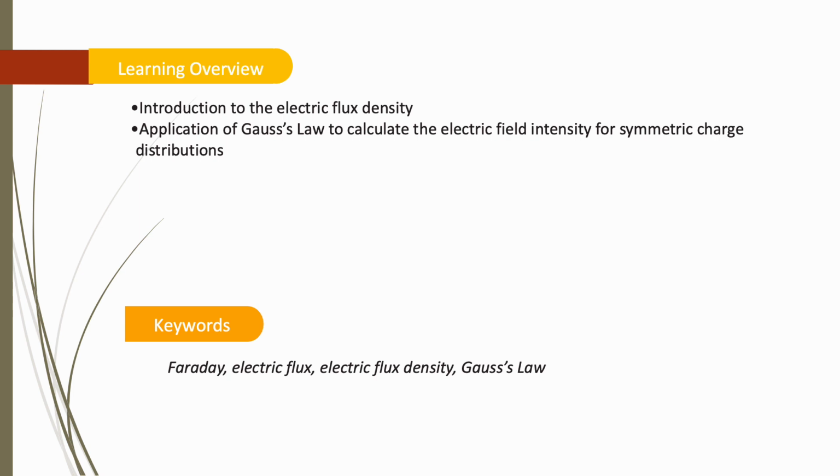Now let's look into the learning overview, same as before. We're going to look at the electric flux density, and also at the applications of Gauss law. But in today's lecture, we're going to look specifically at the surface charge. In the previous example, we discussed the line charge, but in this example, we will discuss the surface charge.